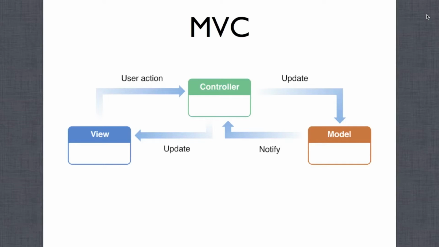So if your application uses a database to get some information, that is part of your application as well as the interface, as well as the code itself. So this whole thing, your whole application, is divided into three parts: the model, the view, and the controller.